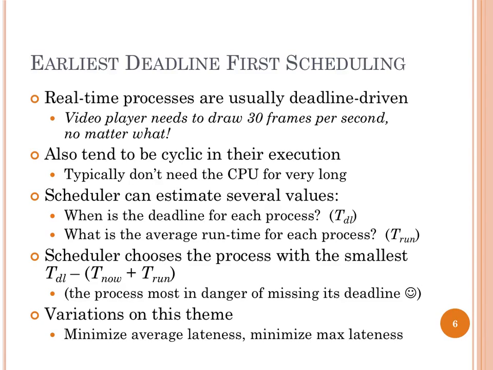If the sum of the CPU utilizations of all the real-time processes adds up to 100% or less, you can schedule it, which is really cool. Okay? Again, take 124 if you want to learn more about that. What else did I want to say? I don't think there's anything else to say about this. Are there any questions? We don't spend a lot of time talking about real-time processes in this class. So, in fact, this is the last slide you'll ever see anything about it.